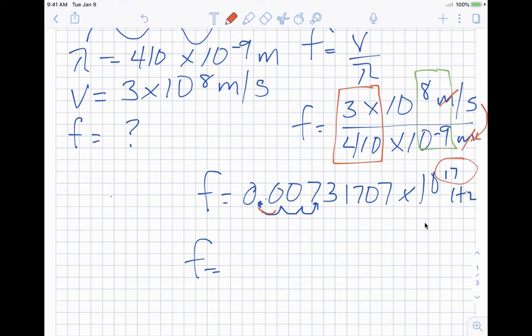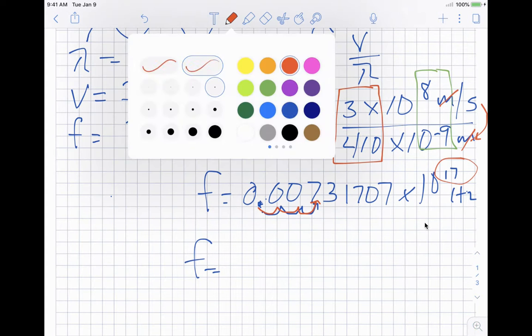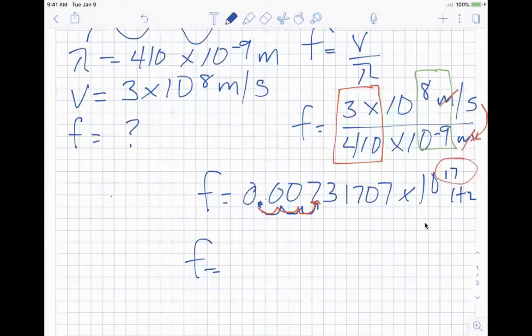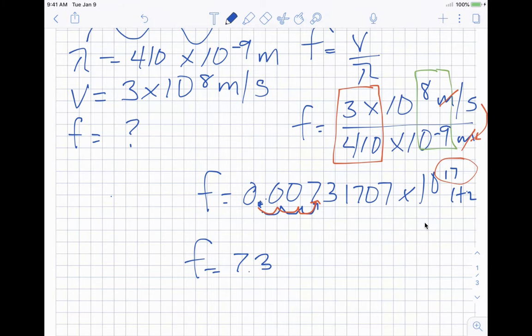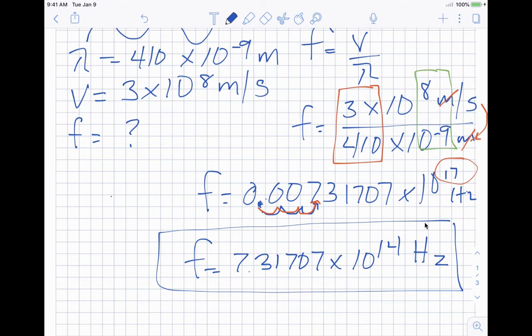And we're moving our decimal over 1, 2, 3 times. So we need to take 3 away from our exponent to do proper scientific notation. So our answer is going to be 7.31707 times 10 to the 14 hertz. And that is our correct answer with its units.